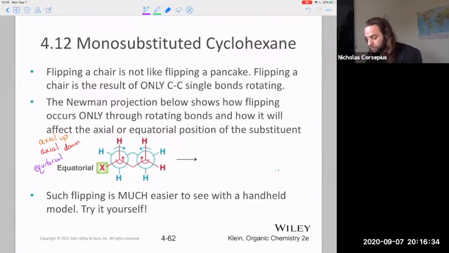When we do our chair flip in the Newman projection, it's sort of equivalent to rotating these back carbons inward and these front carbons around.